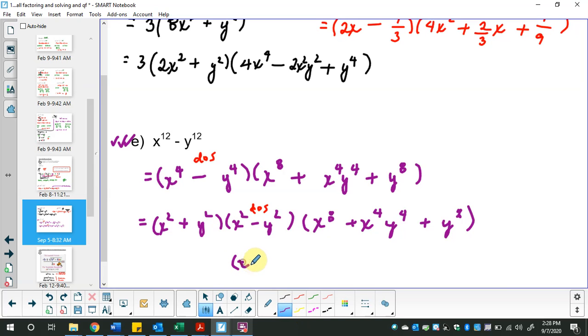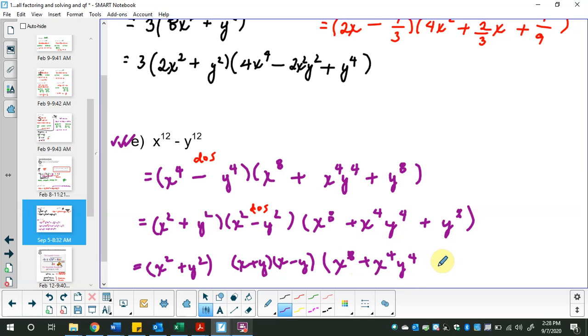So I can do this, x plus y, x minus y. So there's my difference of squares taken care of. Do not lose all the other parts. So don't forget to rewrite this, which is untouchable, and don't forget to rewrite this, which is untouchable. And then you're done.